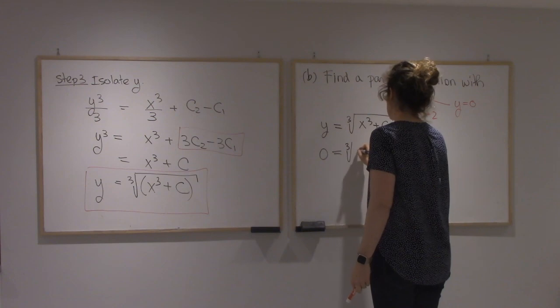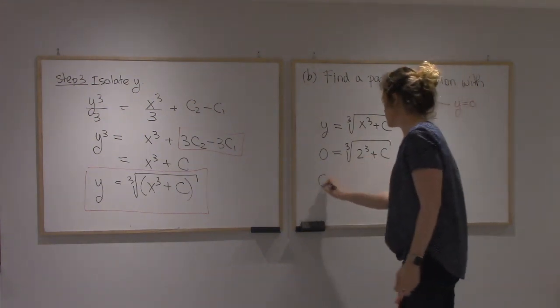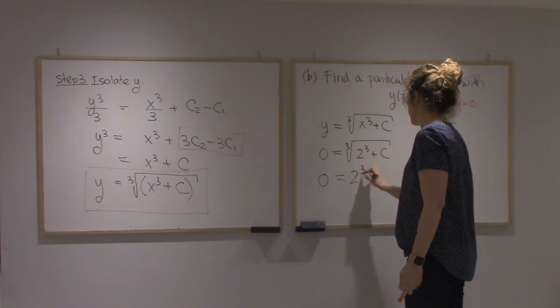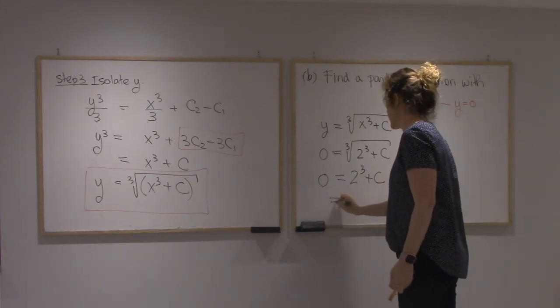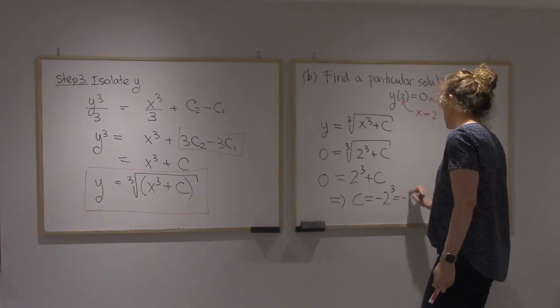So 0 equals the cube root of 2 cubed plus c. If I cube both sides, I get that c is minus 2 cubed, which is minus 8.